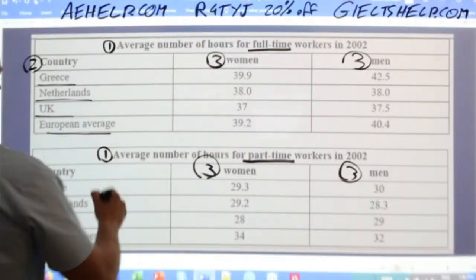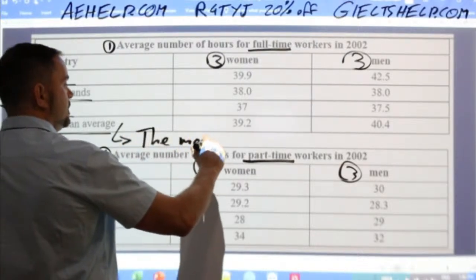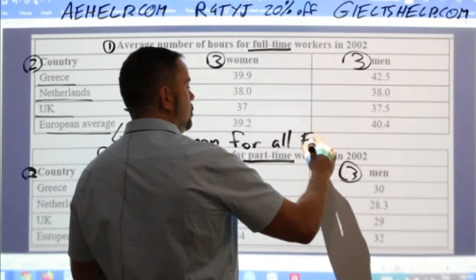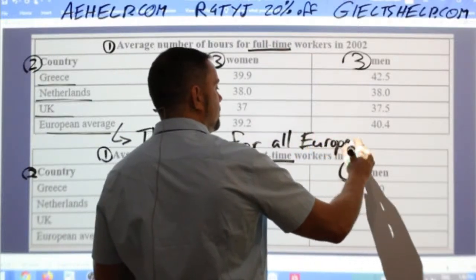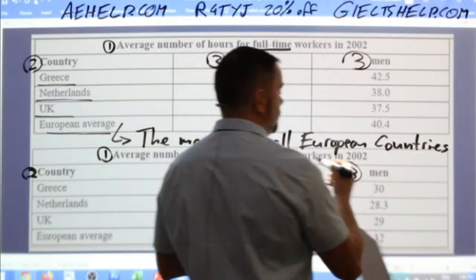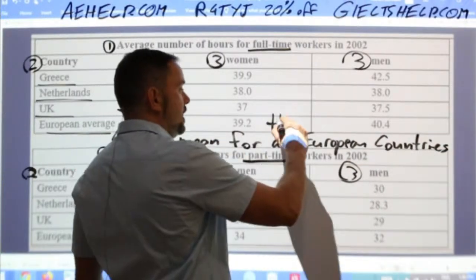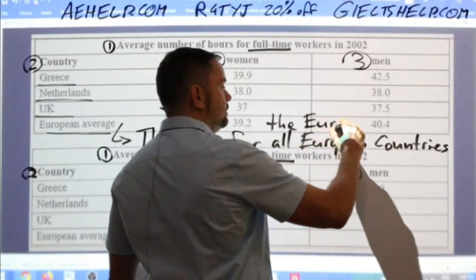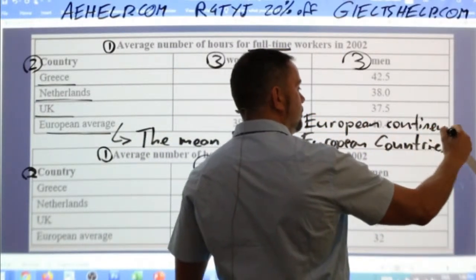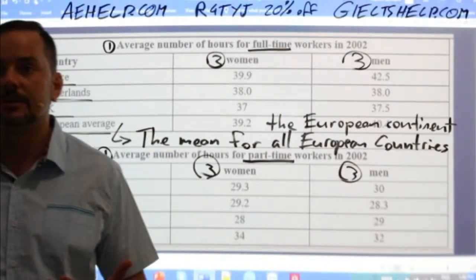So this would mean the mean for all European countries. Or if you don't want to write European countries, you could say the mean for the European continent. Right? Because Europe, in fact, is the continent.